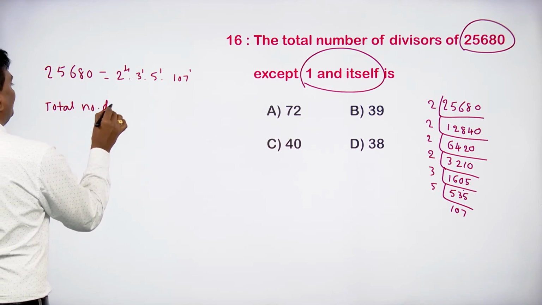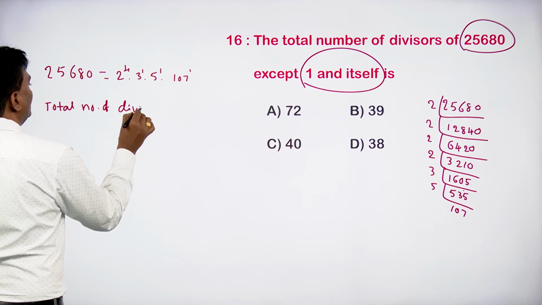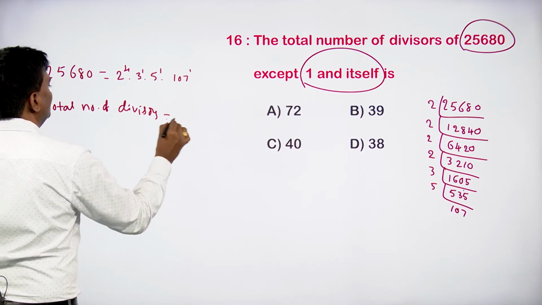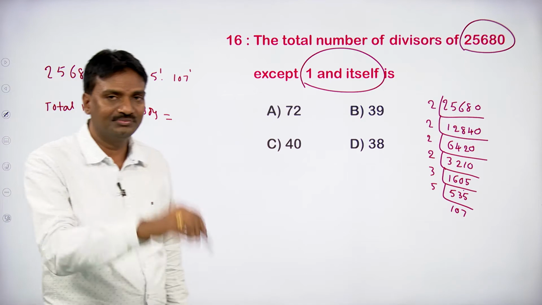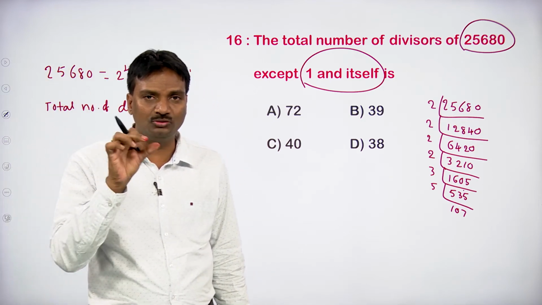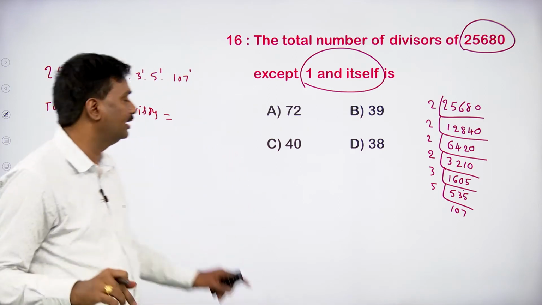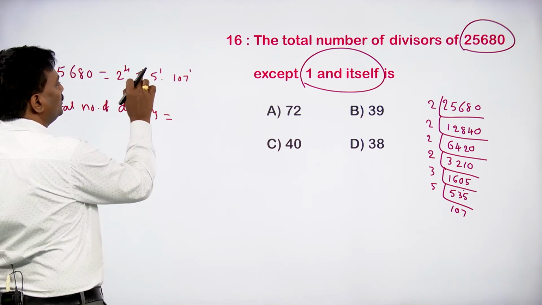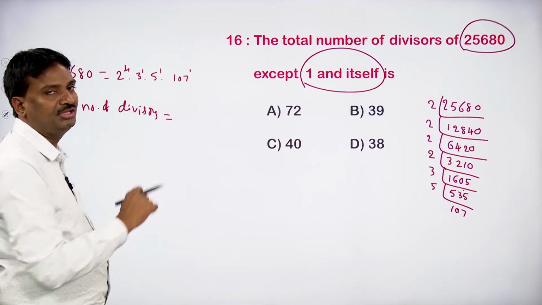So total number of divisors, the formula according to the above passage, is p plus 1 into q plus 1 into r plus 1 and so on. Here we have p equal to 4, q equal to 1, r equal to 1 and s equal to 1.